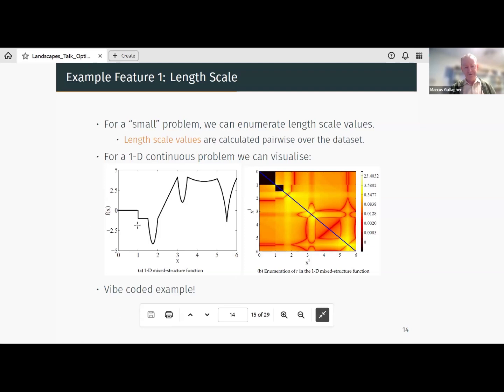And for example, the flat areas of the landscape give you these black squares because there's no change in fitness if you move from one place on the flat area to another.